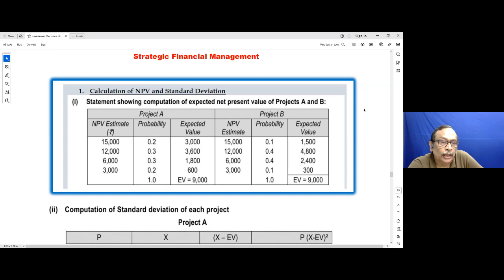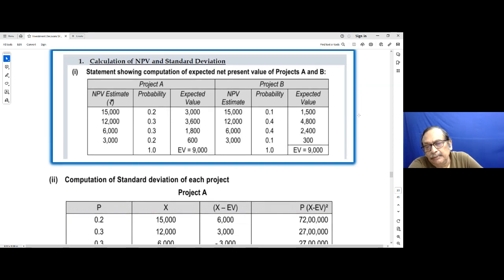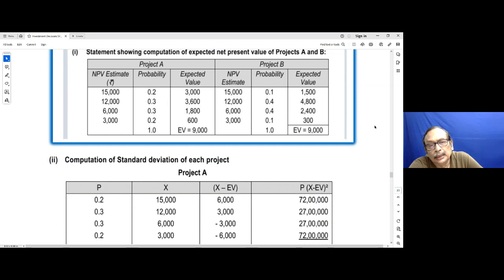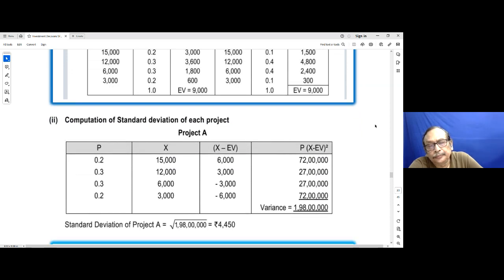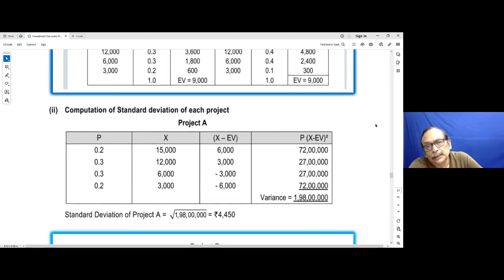Standard deviation is the one which shows us the risk attitude or aptitude so far as the projects are concerned.